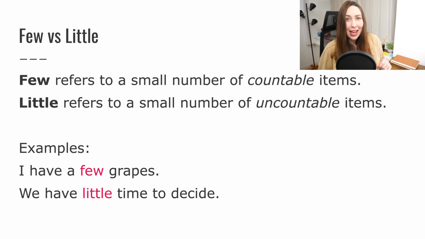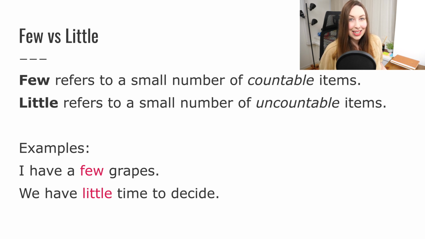However, if you say I have little grapes, it sounds like you're talking about the size. The size is little, and that's not what you mean, right? If we use little, we use something that is uncountable. In this case, we have time. Time is endless. Time is uncountable. So we have little time to decide.